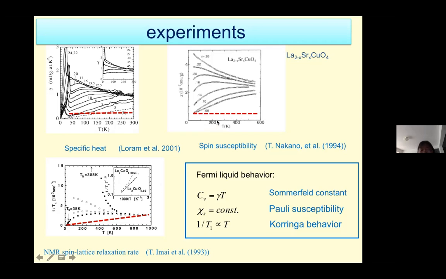Because the temperature is around 200 Kelvin to like 60 Kelvin, it's much, much smaller than the Fermi degeneracy temperature.